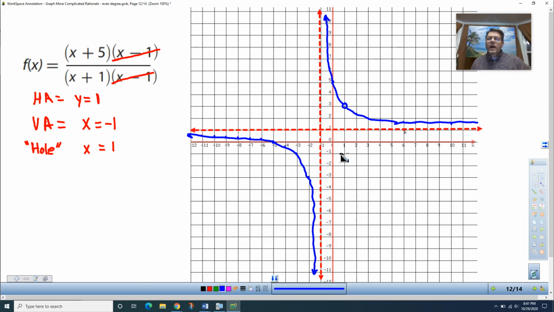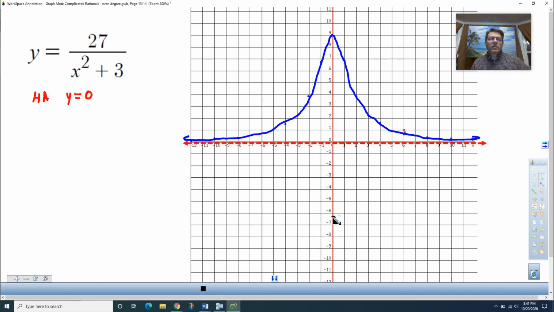It removes the asymptote but leaves a hole in the process. And then our third bonus example was what happens when you've got an x in the denominator, but there's nothing you can plug in to make it equal to 0. You get something along these lines. All right. As always, hope that's helpful, and put all this together, and I think you'd be great at graphing rational functions.